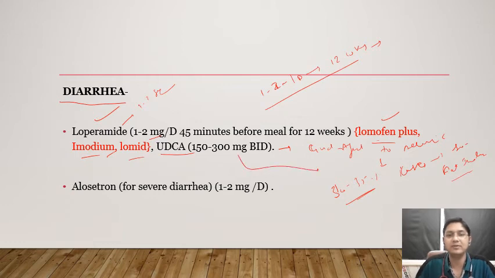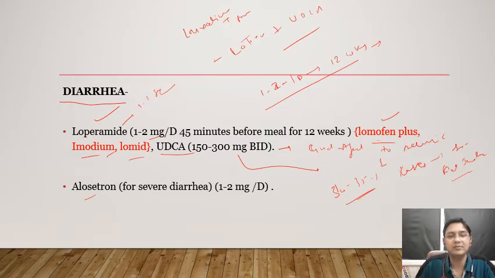So you can add UDCA. Till now, once a patient has come to you, if it is constipation, you have to give laxative plus Prucent. If it is diarrhea, you have to give loperamide with UDCA. This becomes your treatment till now.